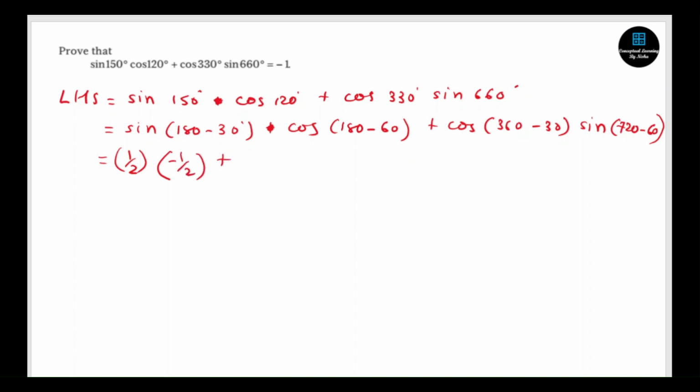Again here cos 30 degree in fourth quadrant, which is positive, so root 3 upon 2 into sin 60 in fourth quadrant, which is negative, so root 3 upon 2 minus. So you will get minus 1 upon 4 minus 3 upon 4, which is minus 1, which is RHS.